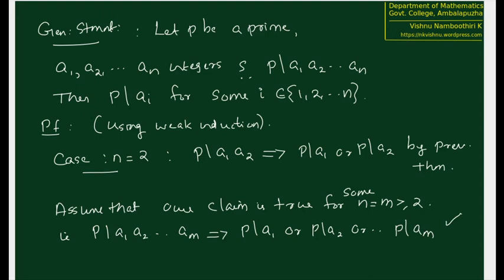Okay. Now we are going to look at the product A1, A2, etc. Am plus 1. Suppose P divides A1, A2, etc. Am plus 1. Now we are going to split this product into two products.